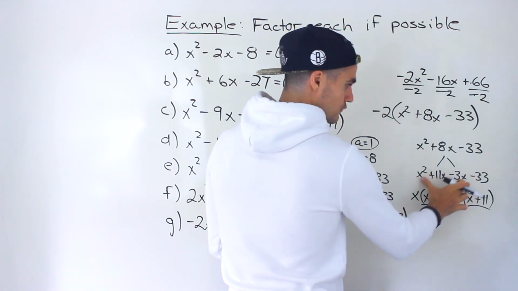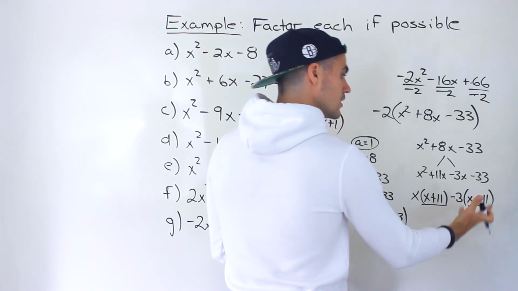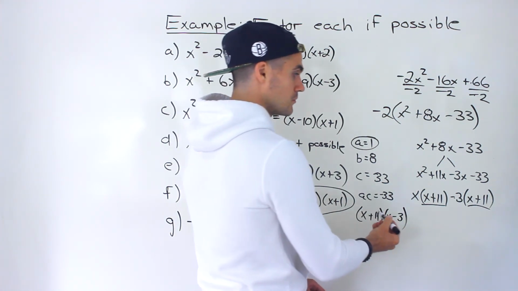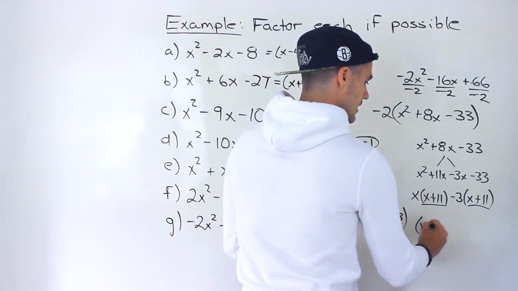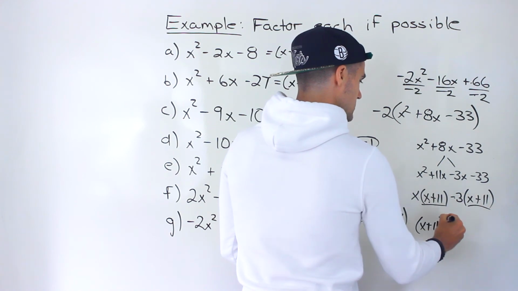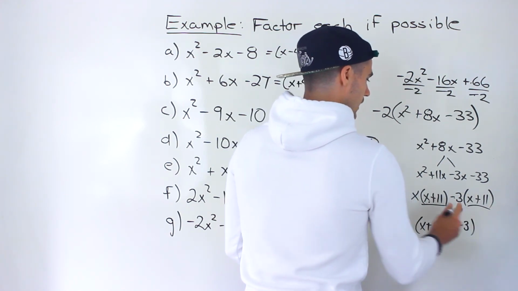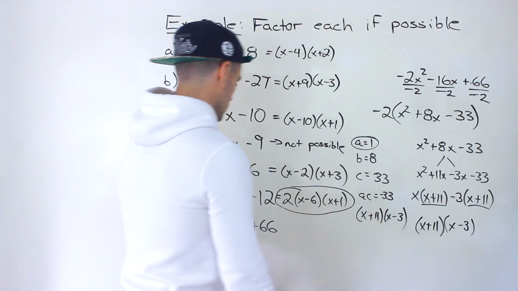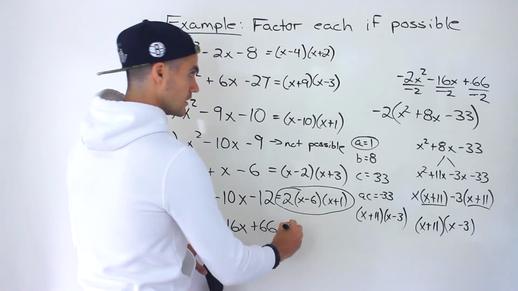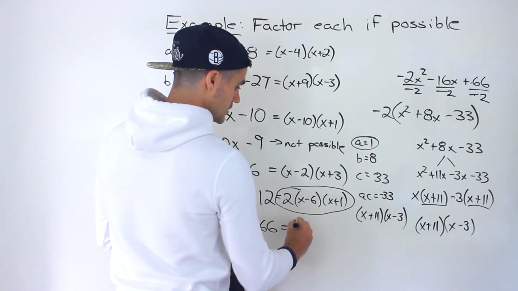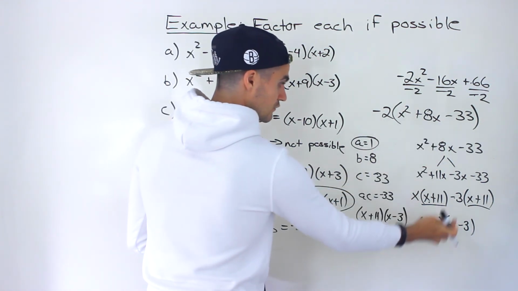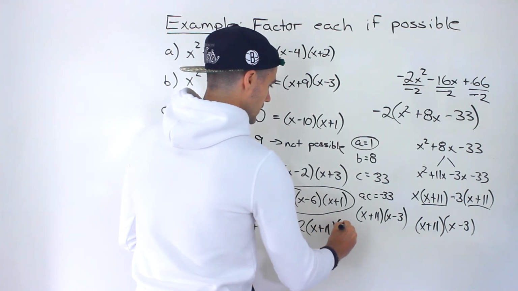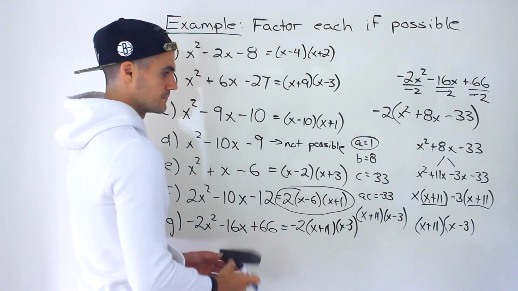These two brackets, if you factor by grouping here, these two should always be the same if you pick those correct numbers from before. So take out that binomial common factor of x plus 11, and we're left with x minus 3, as expected, right? So this over here, let's not forget about the -2 we took out initially, and then this bracket factors into those two brackets. So we end up with that right there.